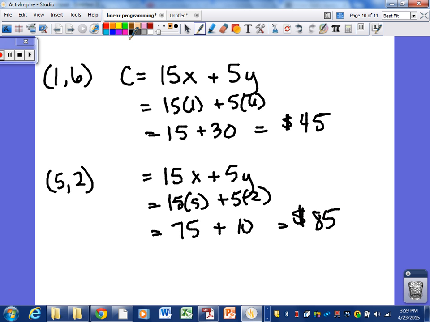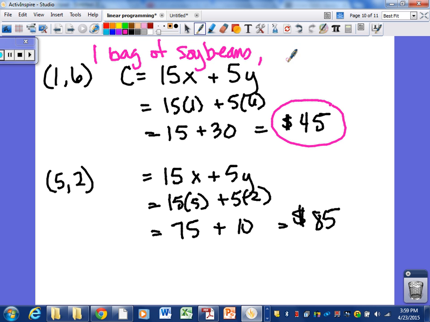Okay, so because we want to minimize this, we want the smallest possible, it looks like we should buy 1 bag of soybeans and 6 bags of oats.